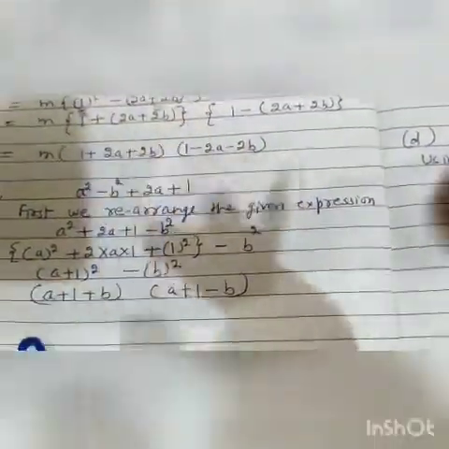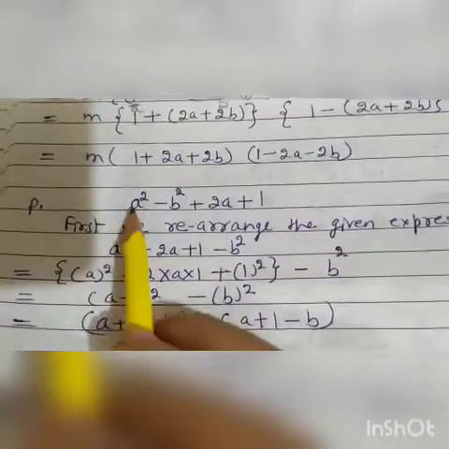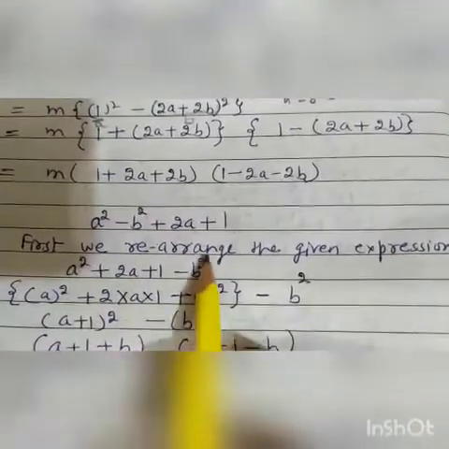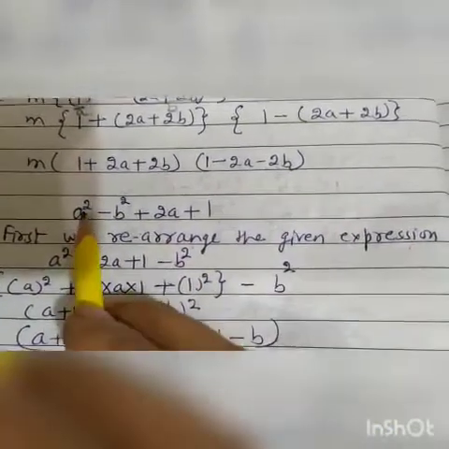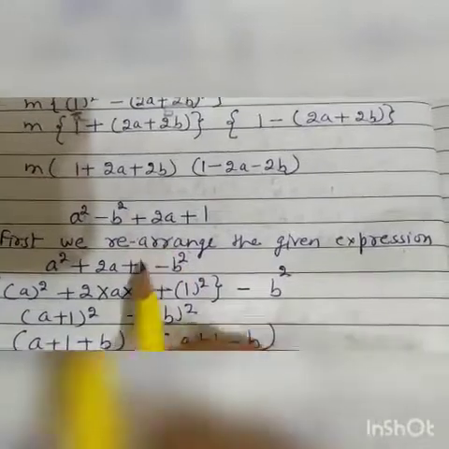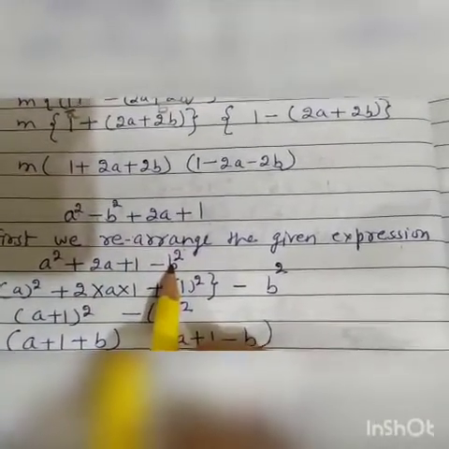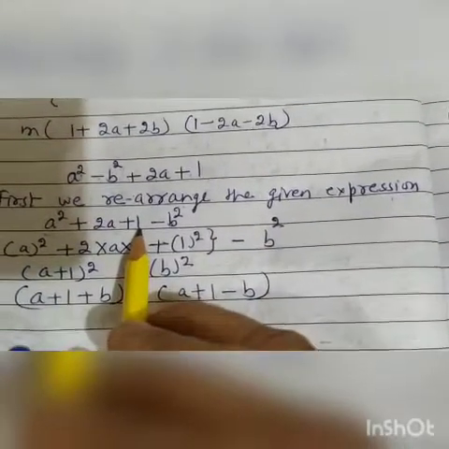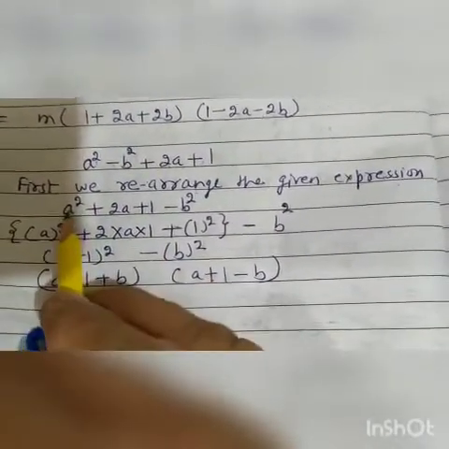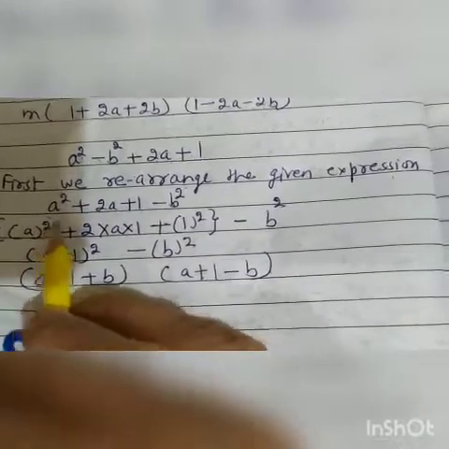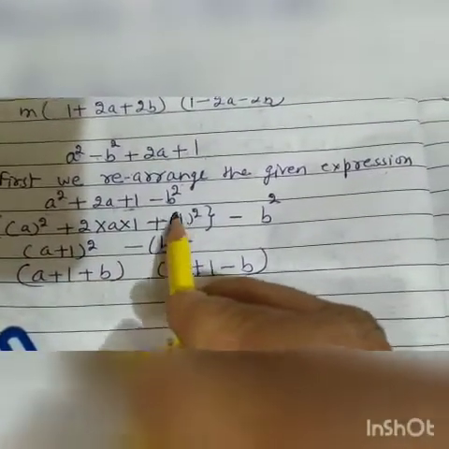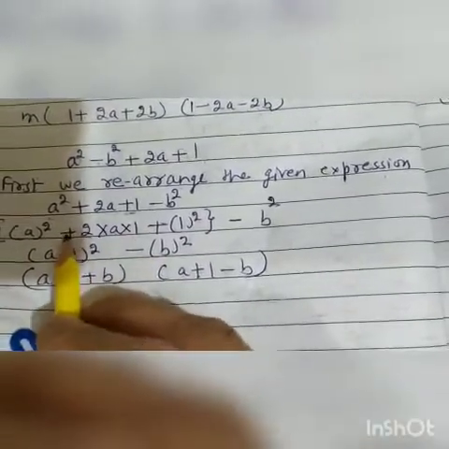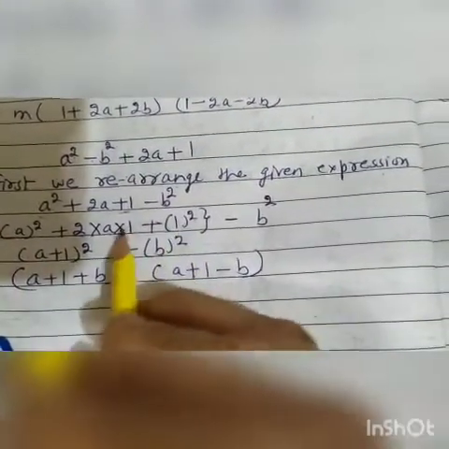Next part P. a square minus b square plus 2a plus 1. First we rearrange the given expression. How? a square plus 2a plus 1, then minus b square. Now this a square plus 2a plus 1 will become an identity. How? This a square can be written as a whole square and this plus 1 can be written as 1 whole square. Then the middle term is plus 2ab, where a is a and b is 1.